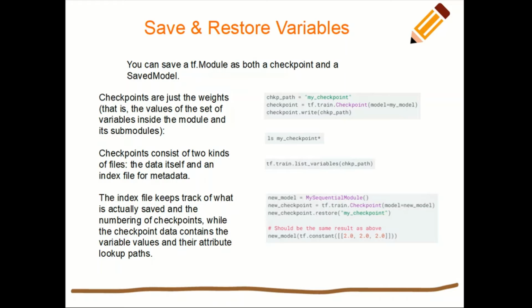Now there are two different flavors of dealing with the scenario of saving a model. If you recall, a model has the weights and a computation, right? We have an option of saving only the weights. If you are able to create an instance of the model once again, then we can just store the weights and restore them back into a newly created model.